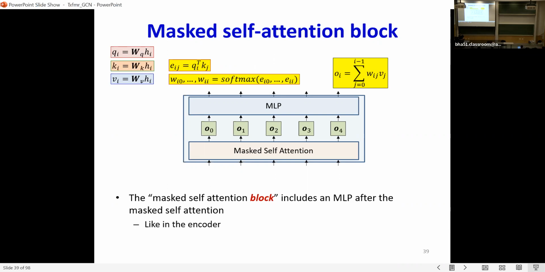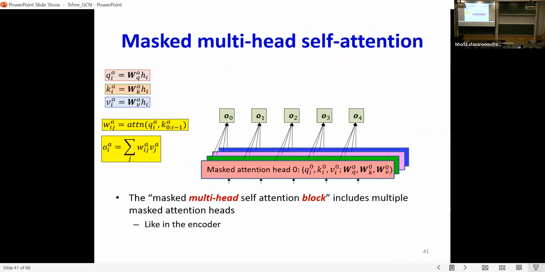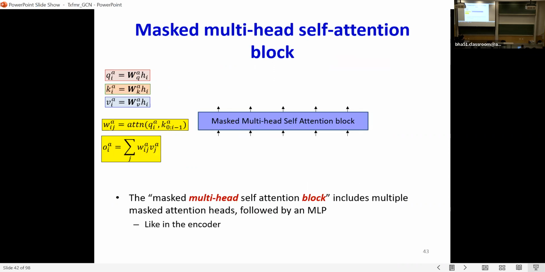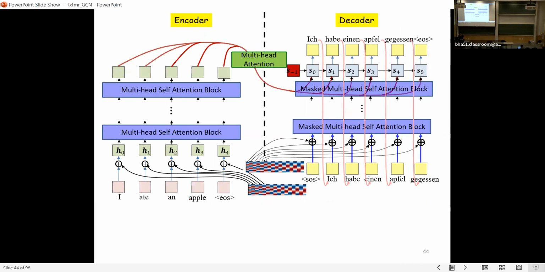So you're going to have multiple layers and an MLP in the end, just like in the encoder. And we're going to call that the masked multi-head self-attention block. And now that we have that, we have our encoder that doesn't have any recurrence and just uses self-attention.